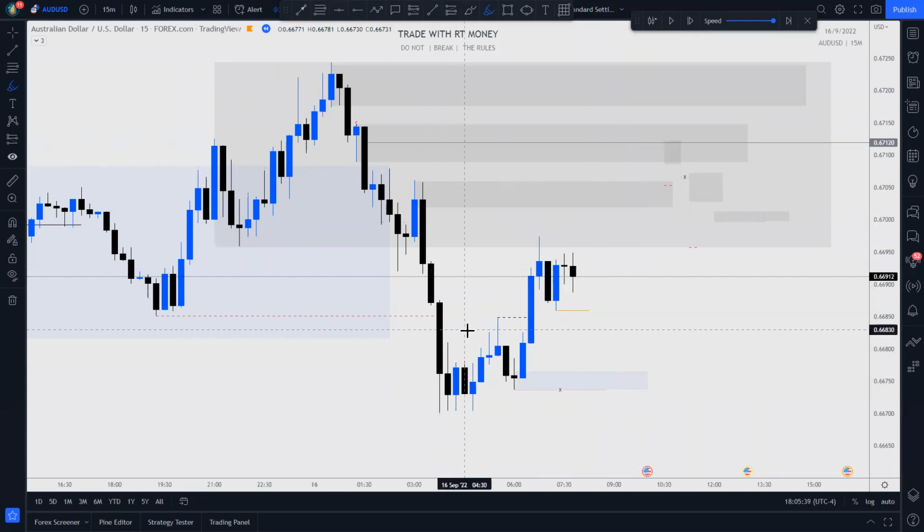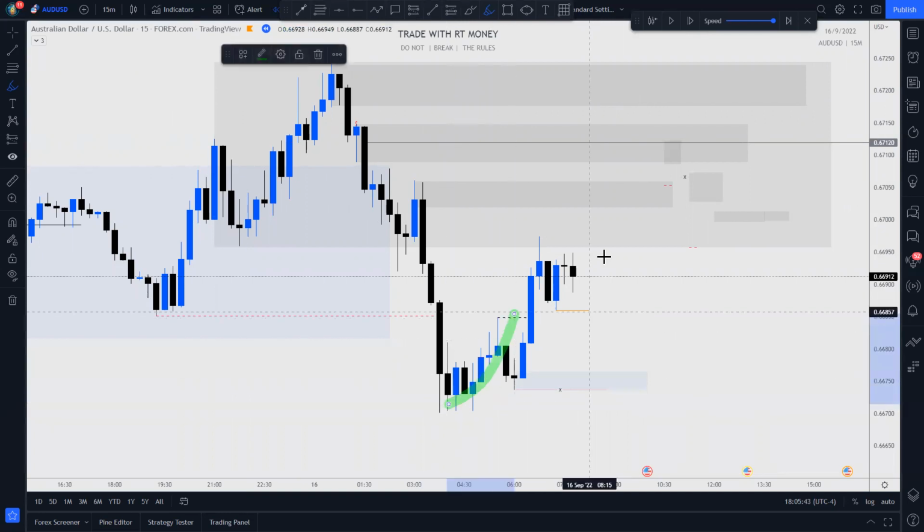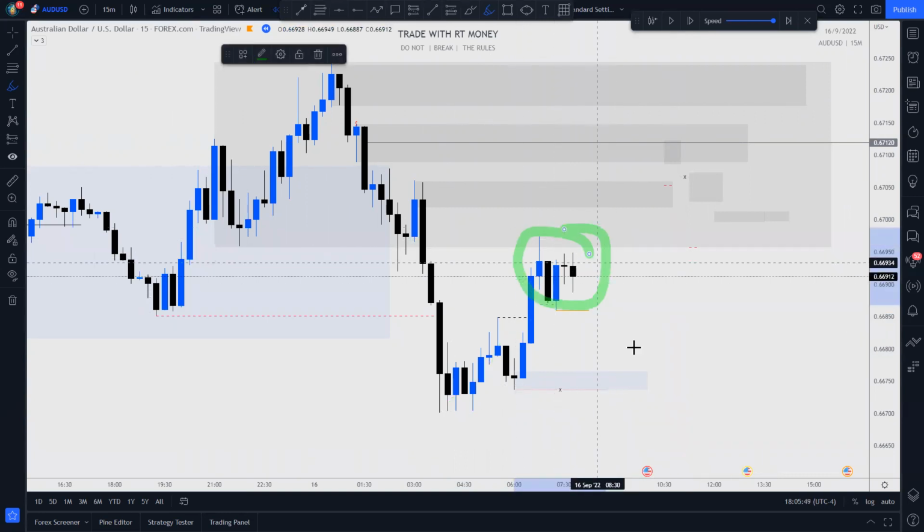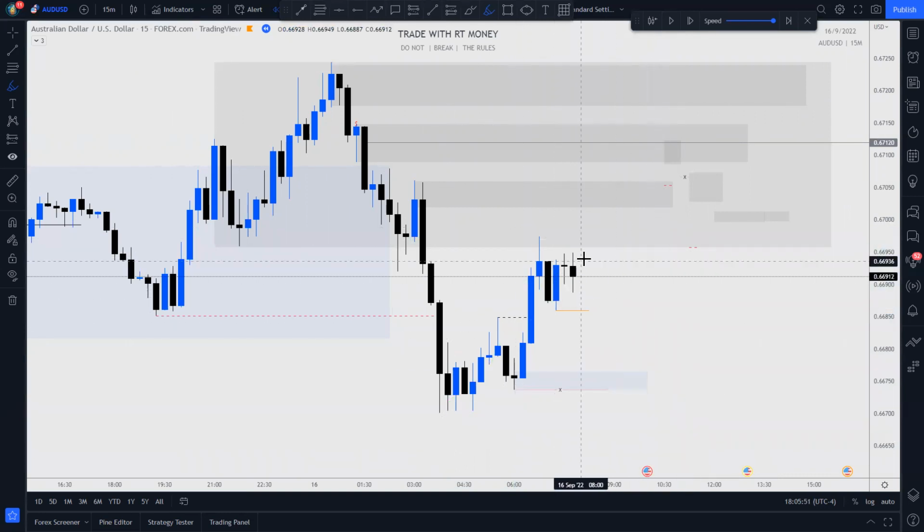So my plan is I'm going to wait until price comes up here and comes into contact with my POI. This is where I was when we did the video, and we were about 15 minutes from the start of the New York session, right? And you know that I pointed out that there's volume that is going to come in.